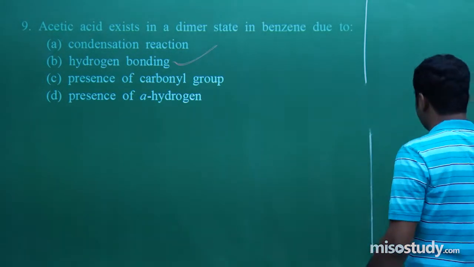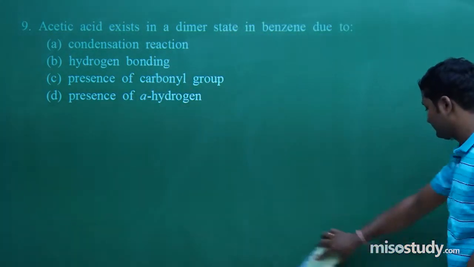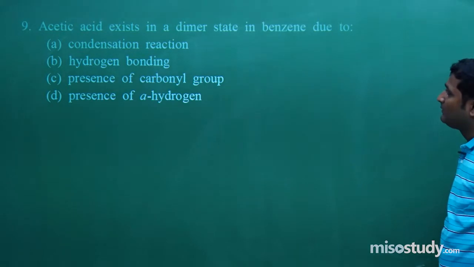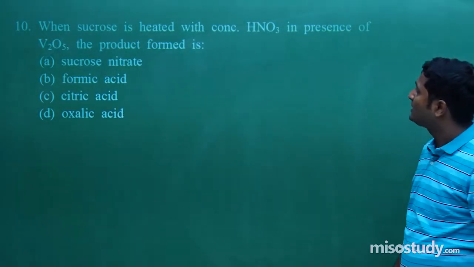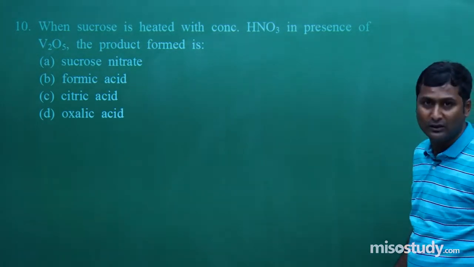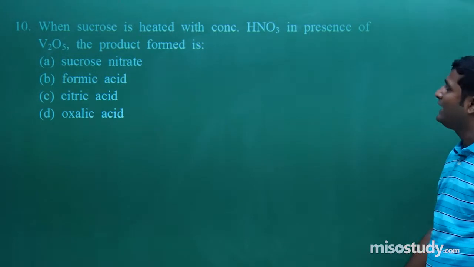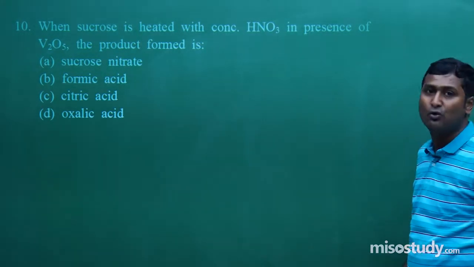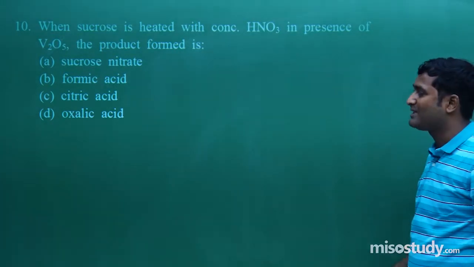What will happen? Check it out. Now the next one is question number 10. When sucrose is heated with concentrated HNO3 in presence of V2O5, the product formed is very simple.